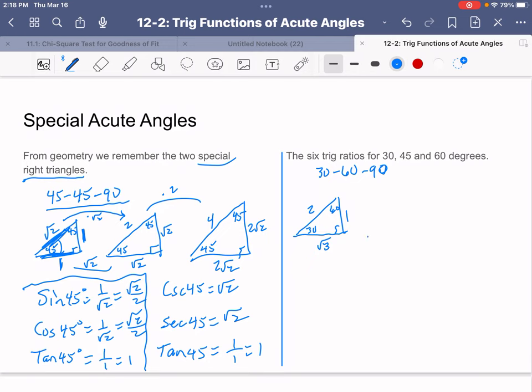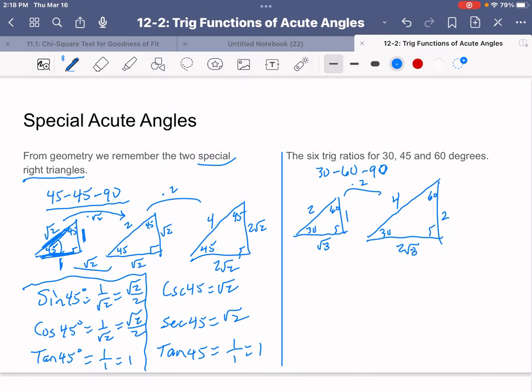Well, what if there was a bigger 30, 60, 90 right triangle with a hypotenuse of 4? Well, that would mean all I'm really doing is doubling everything on this triangle. So then this would be a 2 and this would be a 2 root 3.